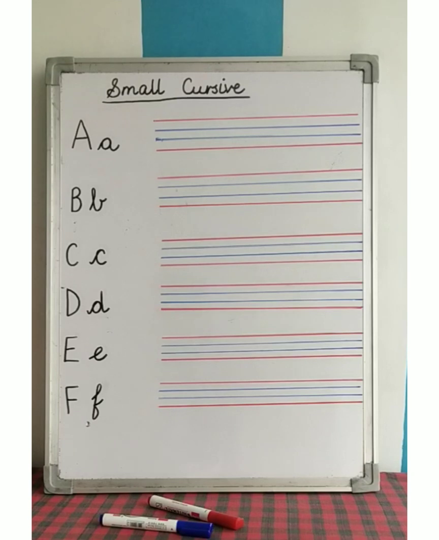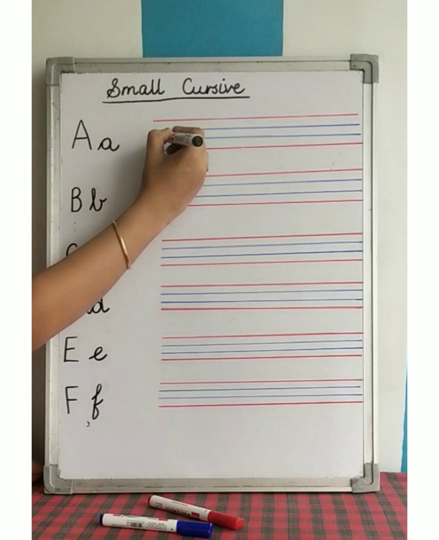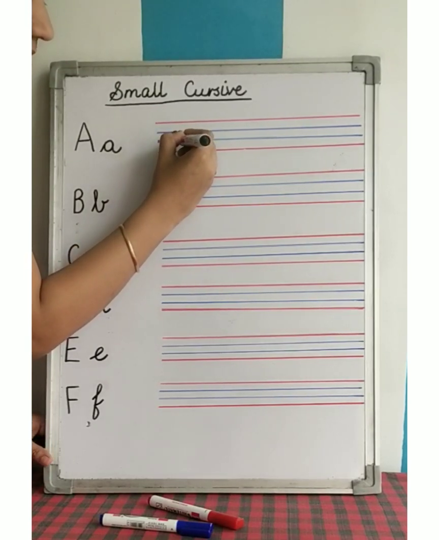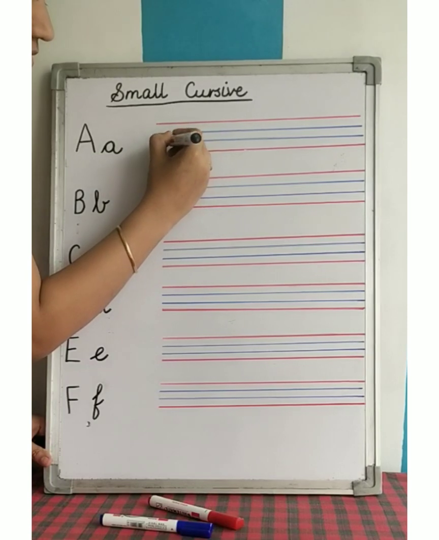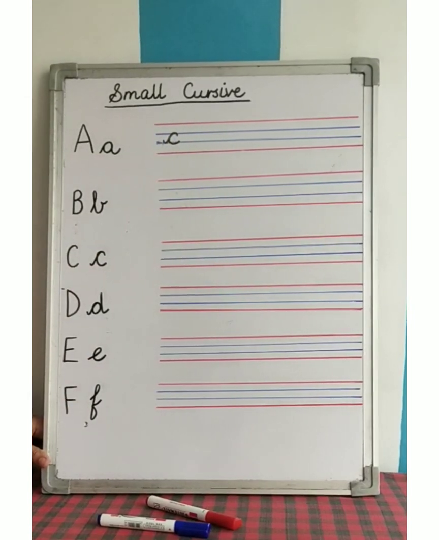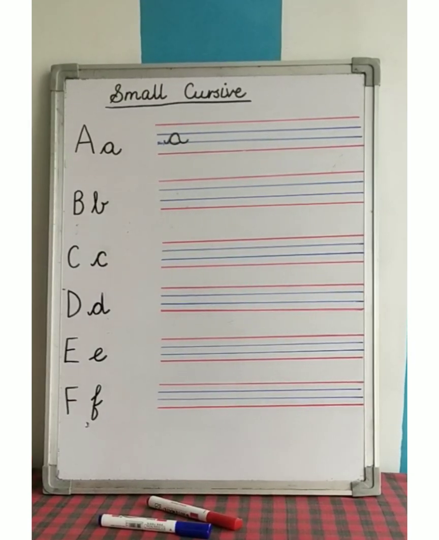Now we'll start with writing of the letter small cursive A. So students, small cursive A is based on the pattern which I had told you to practice earlier. Now we will make small cursive A like this.